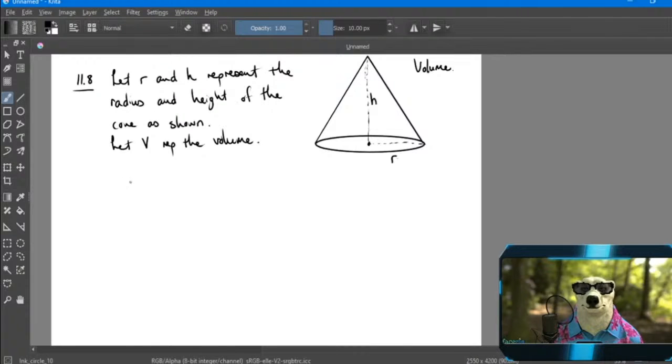So now we need an equation that relates these quantities, and it's going to be the volume formula for the cone. You might not know what that volume formula is. It is a third pi r squared times h.